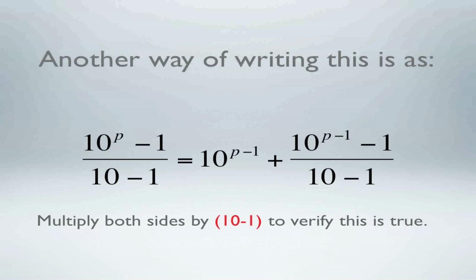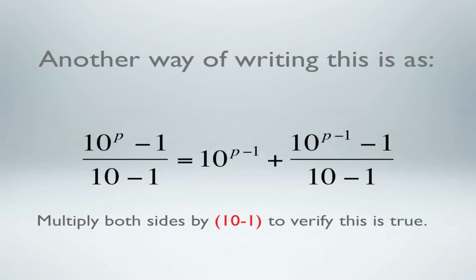Now remember that our premise from the beginning was that the numerator of that fraction on the right of the plus sign, the 10 to the p minus 1, is divisible by 9, which means if we divide it by 9, the result is an integer. There's no remainder left over. That's what it means to be divisible by.